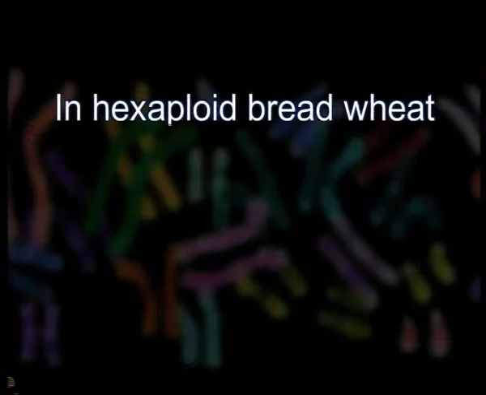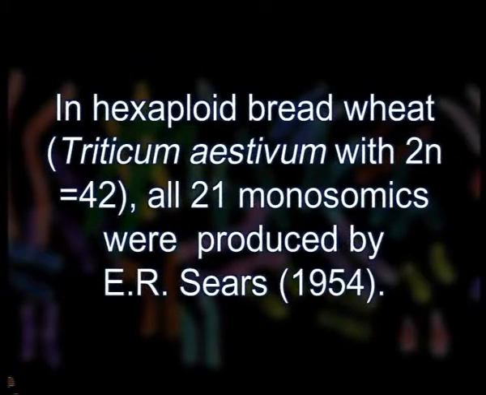For example, in wheat, which has 2n equal to 42, 21 nullisomics are possible, because there are 21 pairs of chromosomes, and the organisms which lack a pair of chromosomes are called nullisomic organisms.